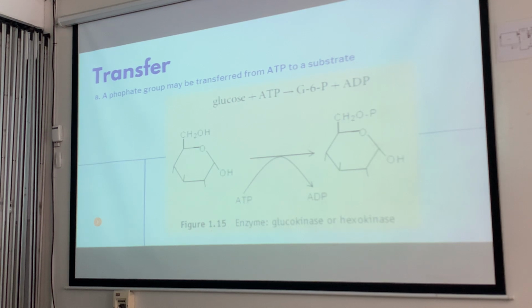It catalyzes when glucose, with ATP, becomes glucose-6-phosphate plus ADP. So a phosphate group is transferred from ATP to the new substrate. This is how glucose stays inside, as it goes into the cell.